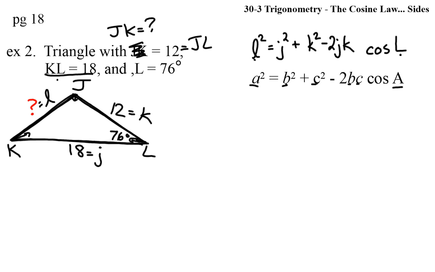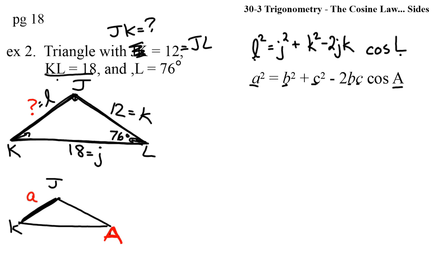That's one possibility. The other possibility that I have had students do over the years, if I just quickly resketch this, well, what are we trying to find? We're trying to find this side. So we could call that side A. That would mean this is angle A. What else do we know?